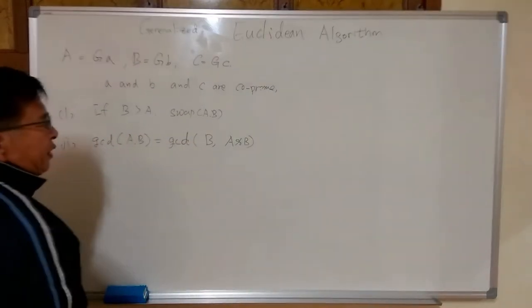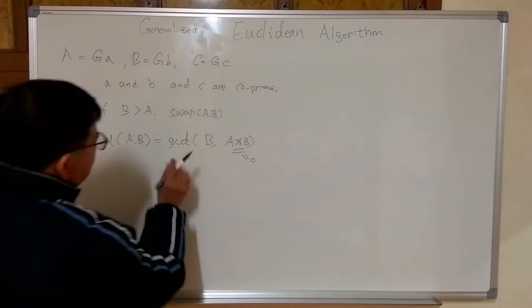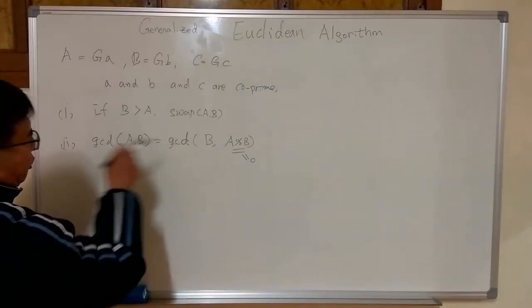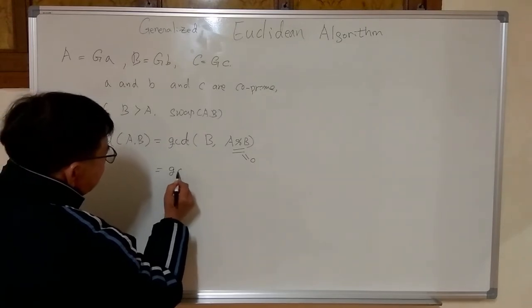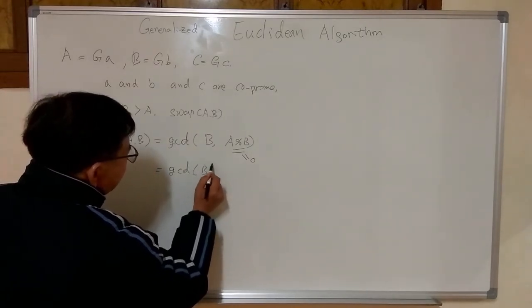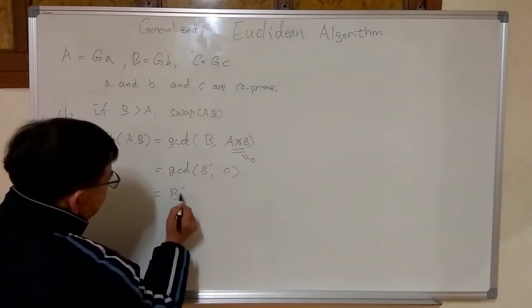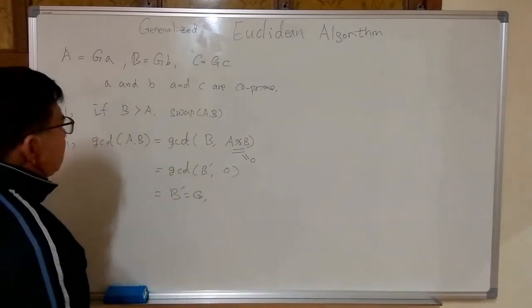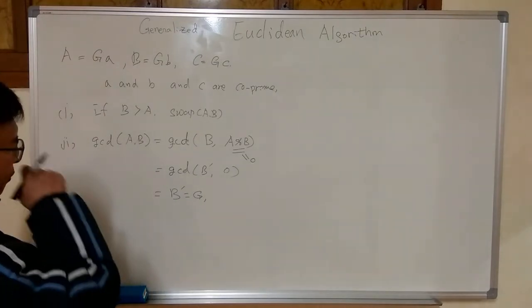This is our previous session. If this term becomes 0, we will apply this rule repeatedly. If it becomes 0, then GCD becomes B prime, 0. Then B prime is G. This is what I explained in my previous video.